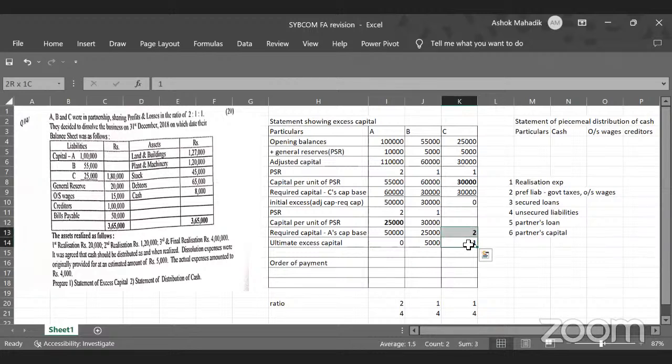This is the order. Number 1, pay 5,000 to B. This is first you have to pay. Then second, pay rupees 50,000 to A and 25,000 to B simultaneously.